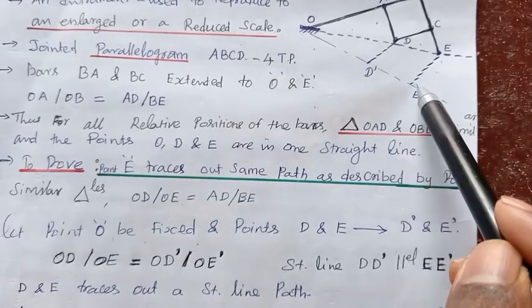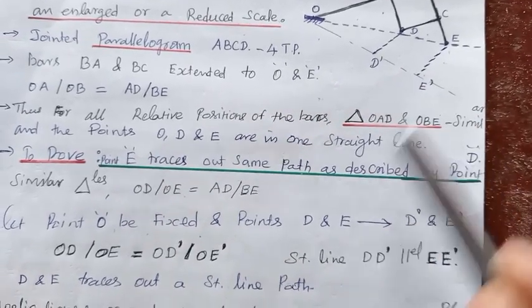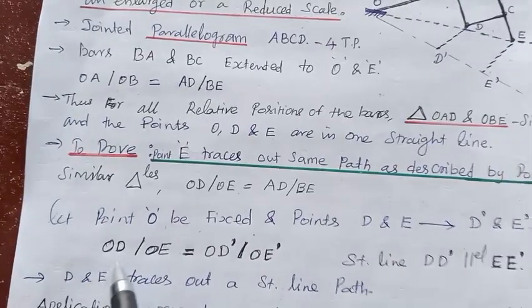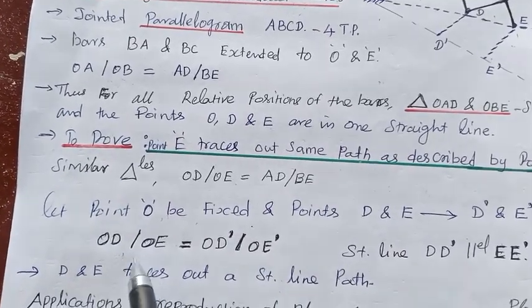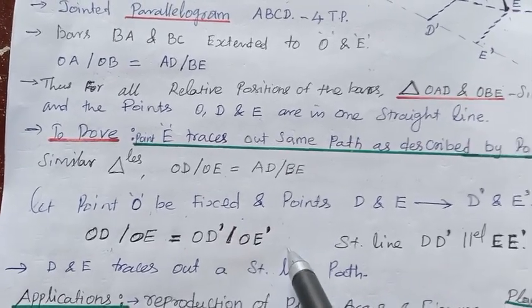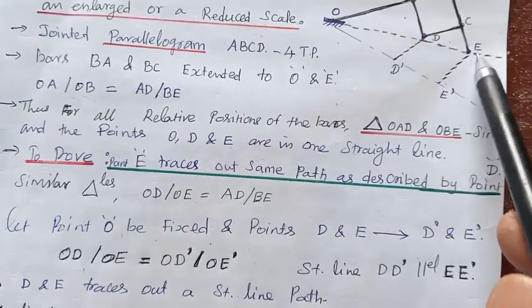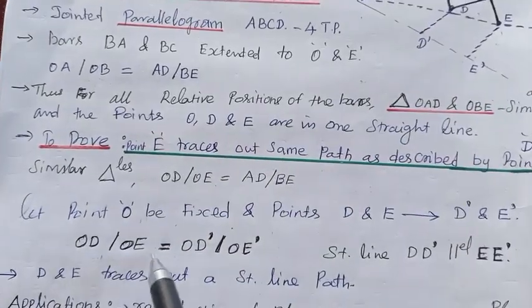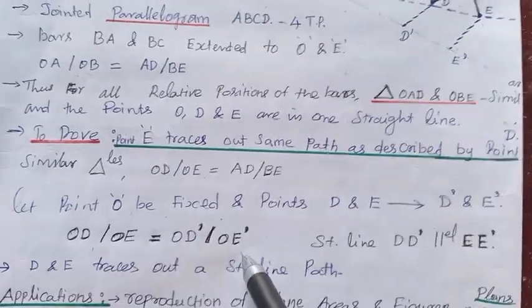Then points D and E move to D dash and E dash. Similarly, OD by OE is equal to OD dash divided by OE dash, because they go to D dash and E dash. So OD by OE equals OD dash divided by OE dash.